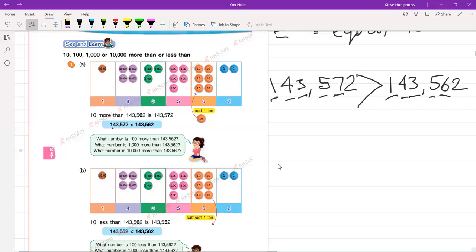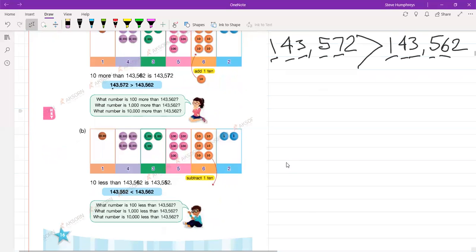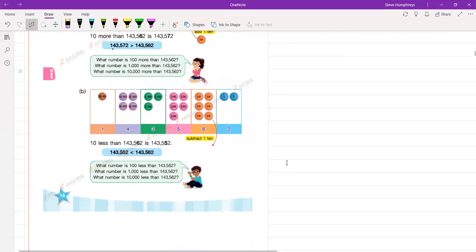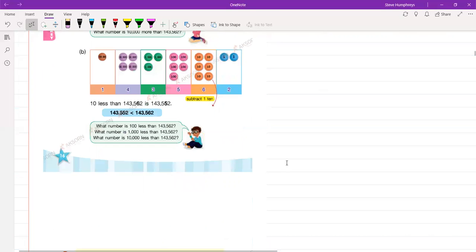Okay, let's move on so we can do some of these exercises. B, let's have a look at this one.